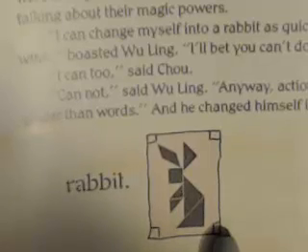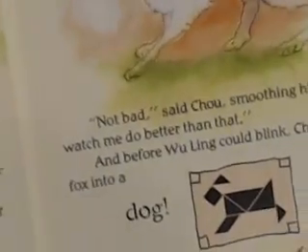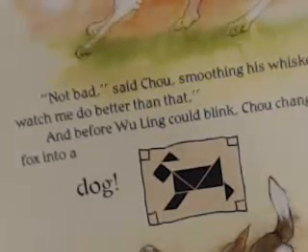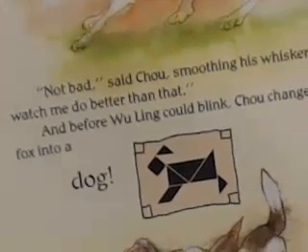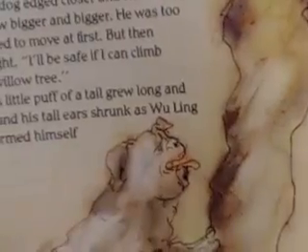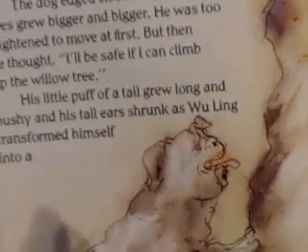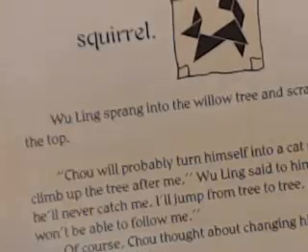And so the other one decides that he will change himself to a dog because the dog can chase the rabbit. And then the other one decides that he will outsmart, and because a dog can't climb the tree, he's going to change himself into a squirrel.